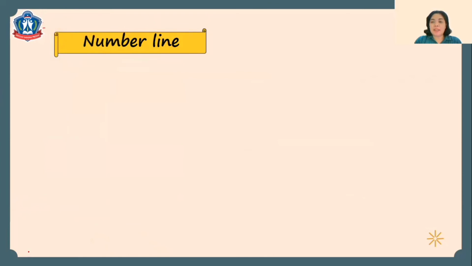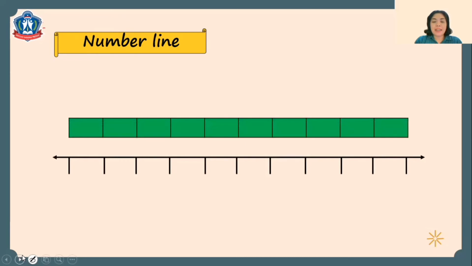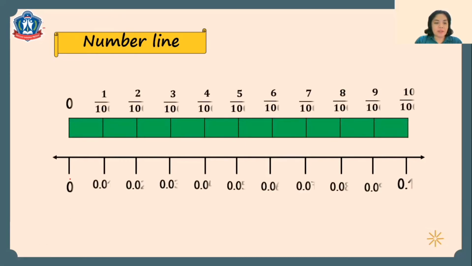Decimal numbers in hundredths can also be shown on a number line, just like the tenths. So again, I have here a number line, but this is only from 0 until 0.1. So from 0 to 0.1, children, if we divide the number line into 10 equal parts, one part of that is 0.01, or one part out of 100, just like the fraction bar.